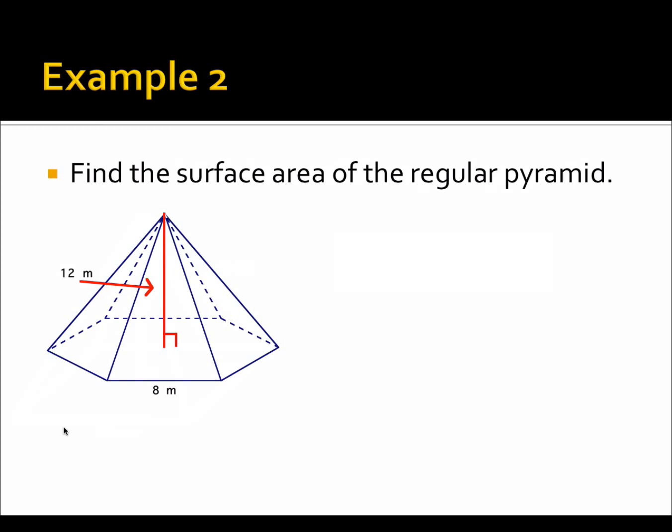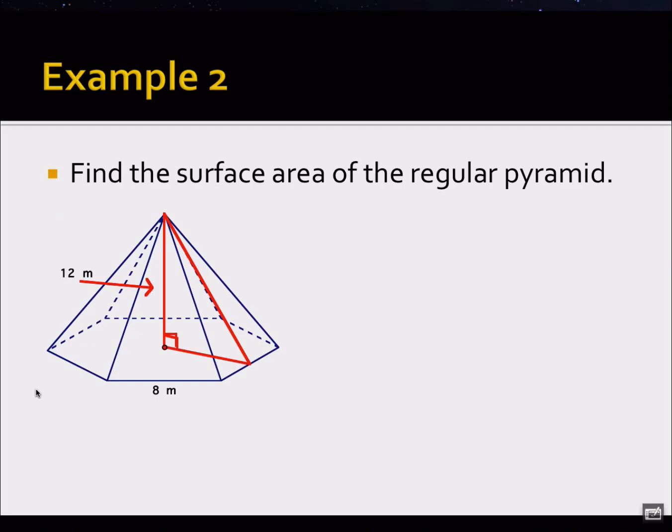Slant height. For those of you that are visual learners, we're looking for that guy. Notice that this is the slant height. What about that guy? That guy right there?